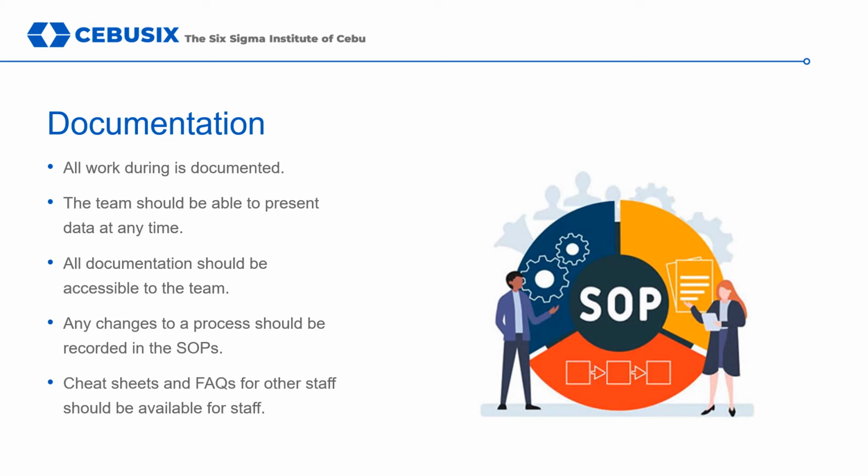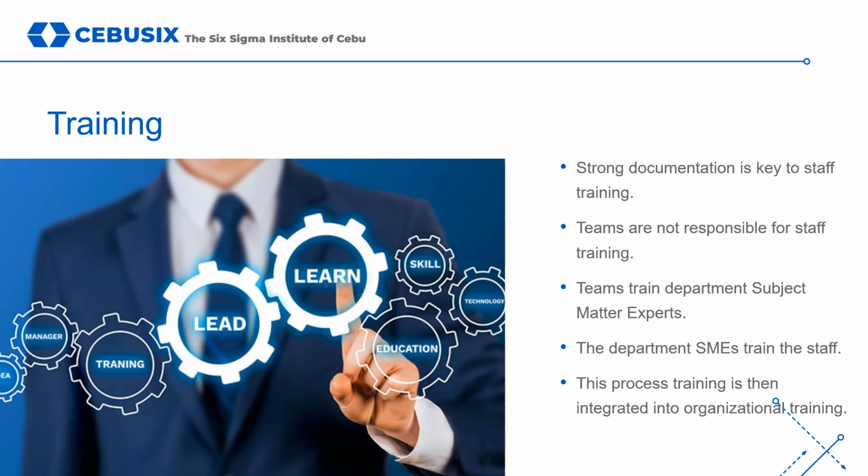Teams might also create general communications, letting other staff members know about the upcoming changes and the reason for those changes, as well as general reference documents such as cheat sheets and frequently asked questions.